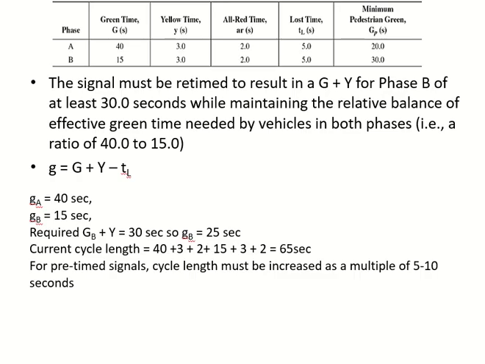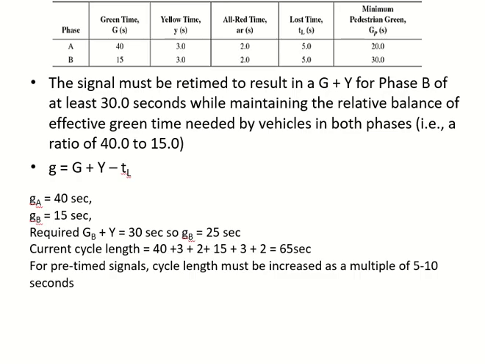Now the question is, if only phase B had a problem, why did I change the time of phase A? Why am I messing around with phase A when the problem was only with phase B?